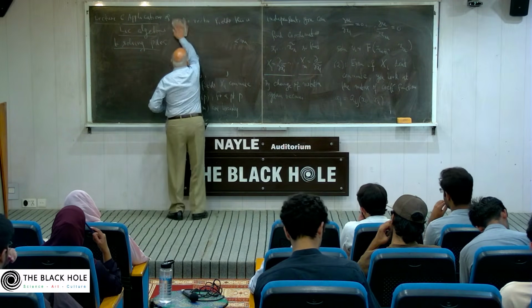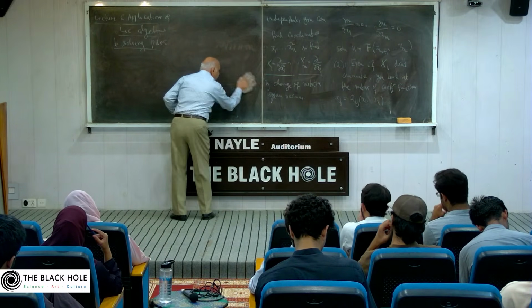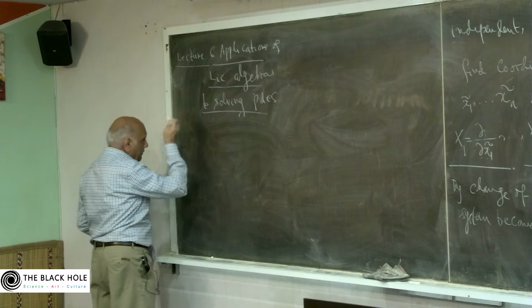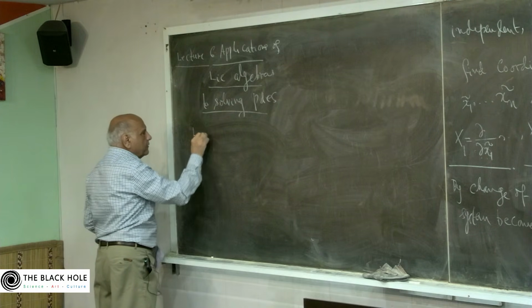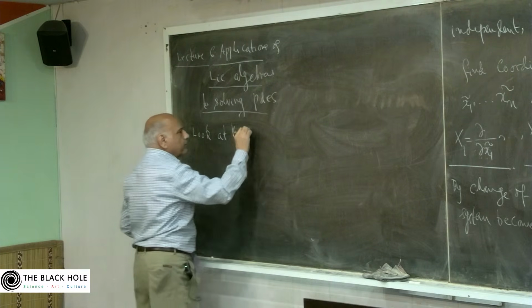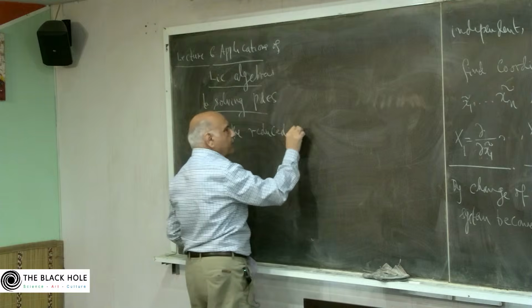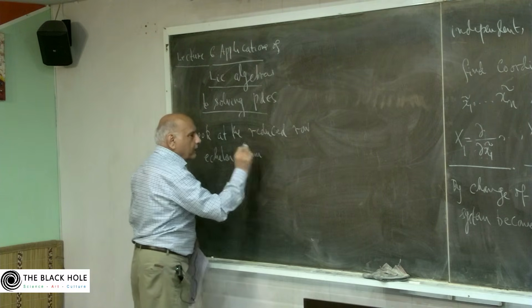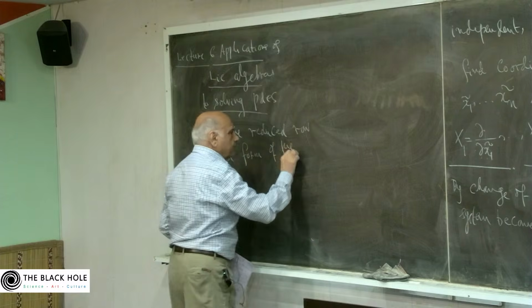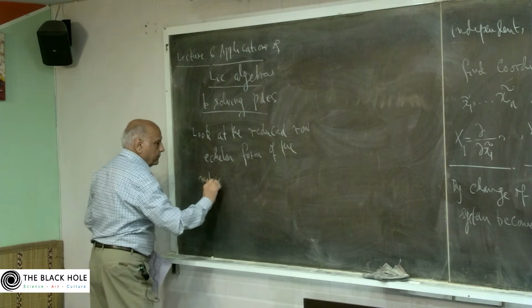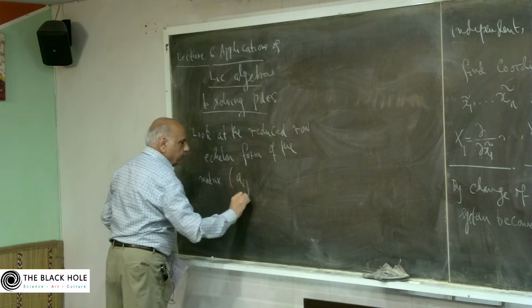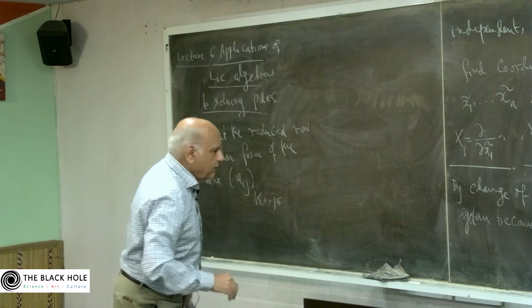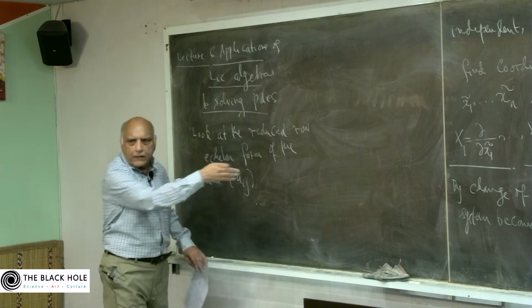So look at the reduced row echelon form of the matrix, it's m rows and n columns, right?